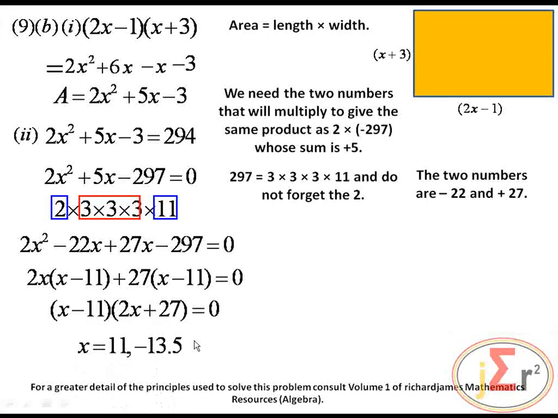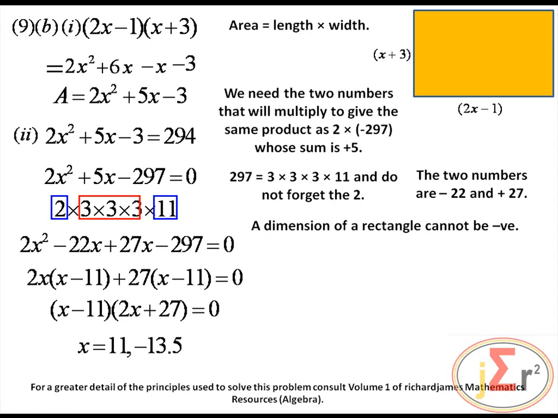Solving the linear equation, when we eliminate the negative 11 to the other side of the equation, we have a positive 11. And when we eliminate this 27 to the other side, we get a negative 27, but we will have to divide by 2. So we'll get negative 27 divided by 2, and that will give negative 13.5.